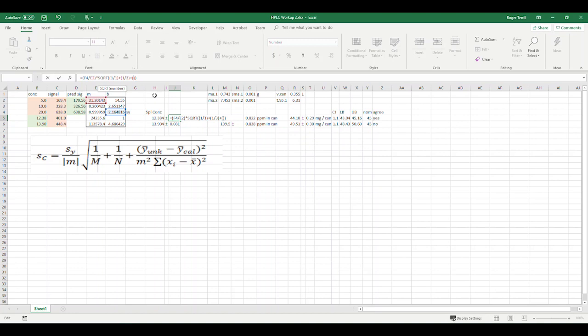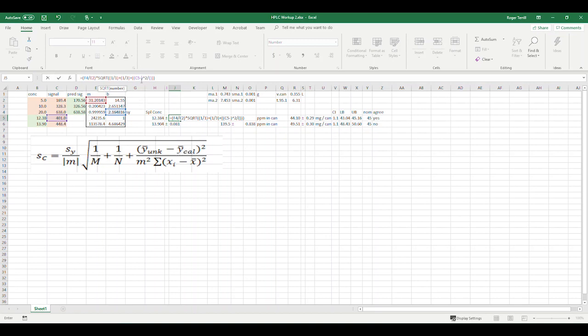And the last one here is going to have 2 terms. A numerator and a denominator. The numerator is going to be squared. And the numerator is going to comprise, got to get inside those parentheses up here, y unknown, which is this value, minus the average of the calibration points.